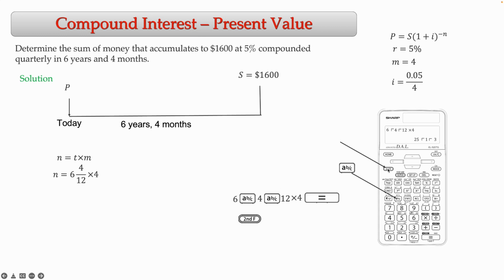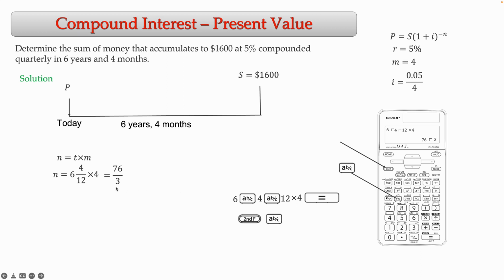Second function key, and then ABC, and the calculator immediately tells you what the fraction is. So the fraction is 76 over 3. So the answer here is 76 over 3. Okay, some of you are going to do it without a calculator, of course. You can do it without a calculator. But anyway, if you have a calculator with this key and you have a problem doing this, you have your calculator for doing it.